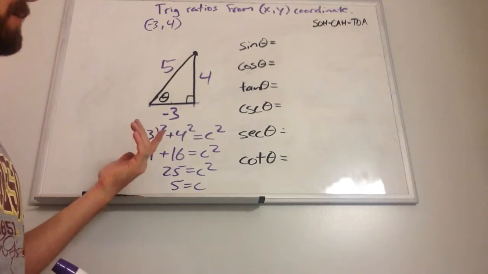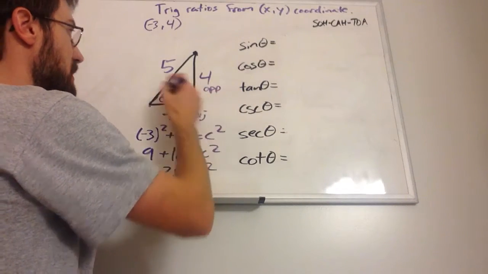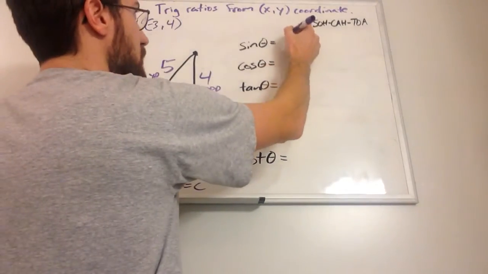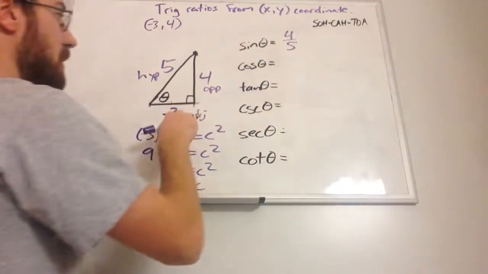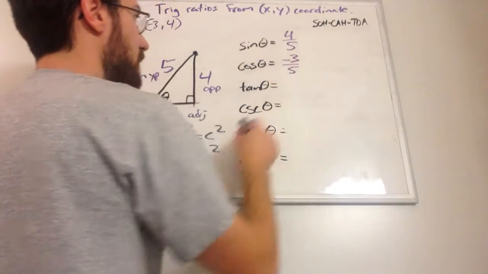Right? Now my ratios, it's still opposite, adjacent, and hypotenuse. So opposite over hypotenuse, 4 over 5. Adjacent over hypotenuse, -3 over 5.